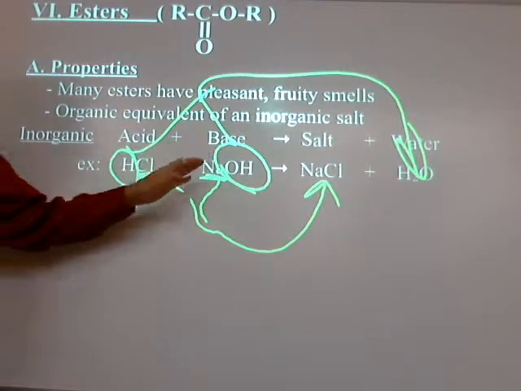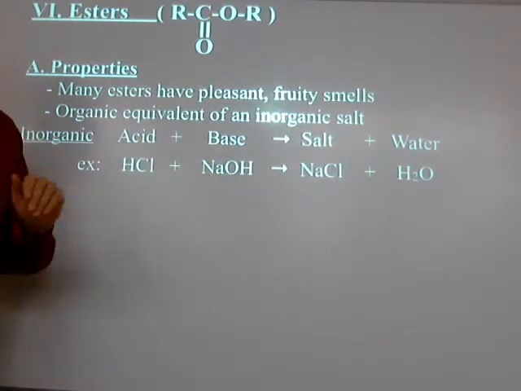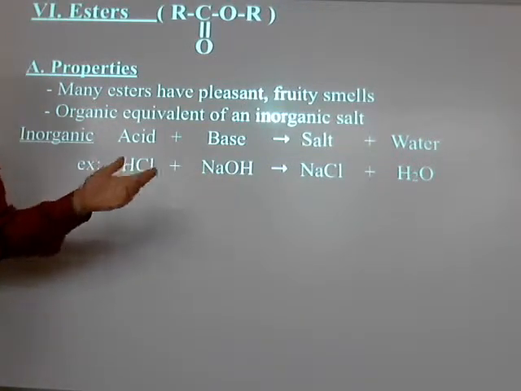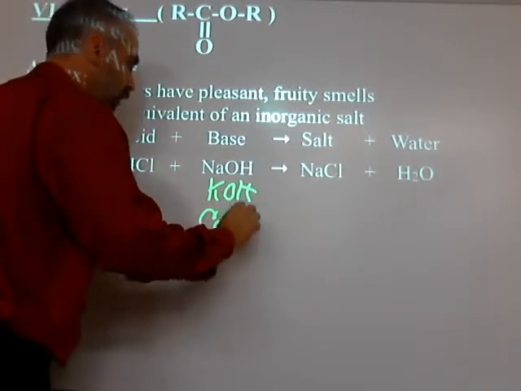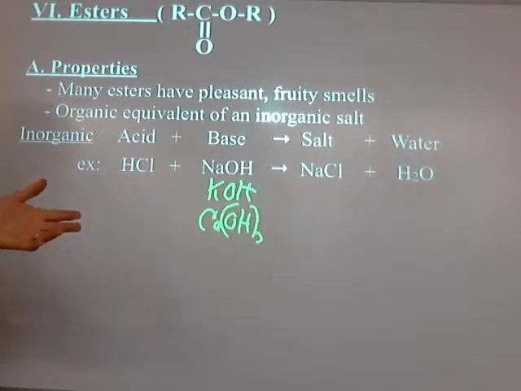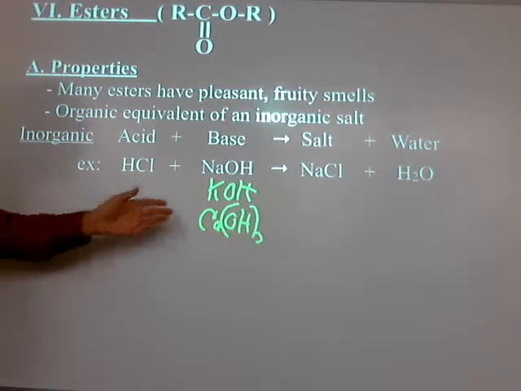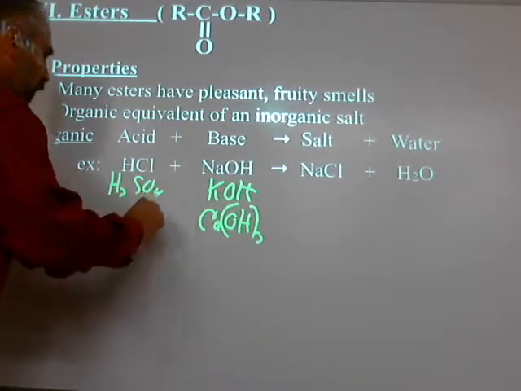And by the way, this is the key, guys. In Chem 1, we did a ton of acid-base reactions, right? Do I have to have NaOH? No, I could have KOH. I could have CaOH2. And that wouldn't change much. It would change how you balanced it, but it wouldn't change much of anything else. If this was HCl, it could be H2SO4.